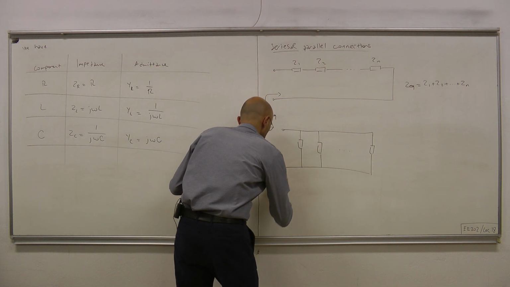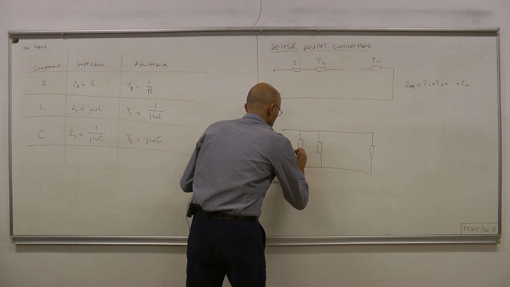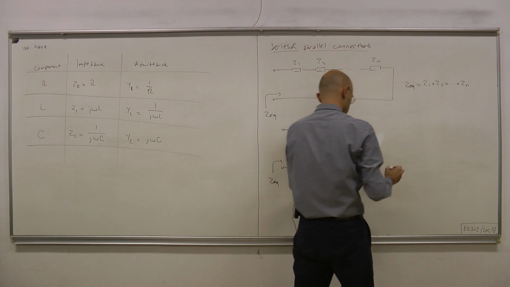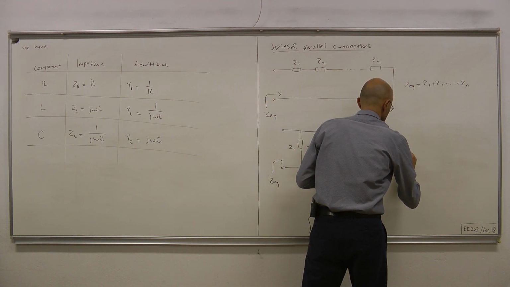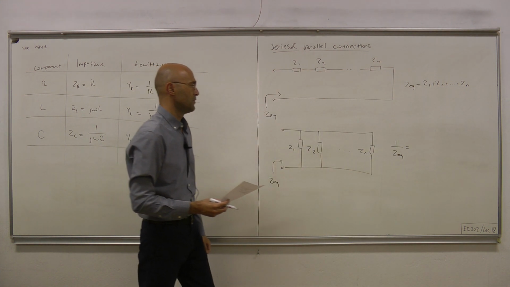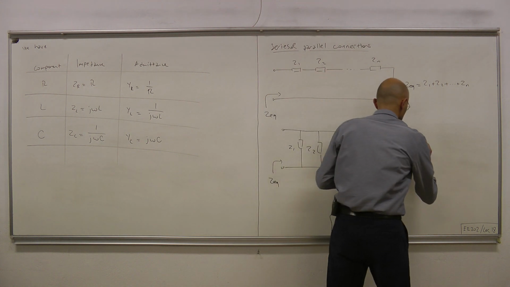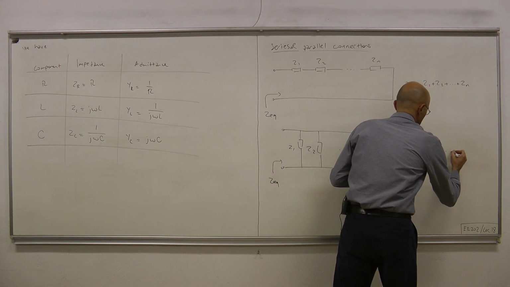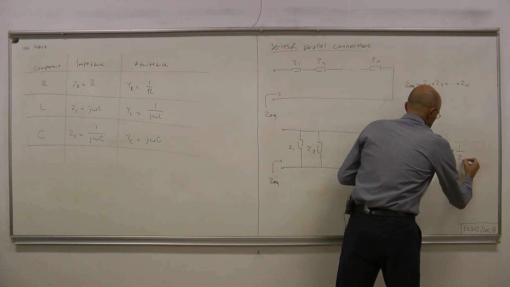In terms of impedances, let's call them Z1, Z2, Zn. We have 1 over Z equivalent, which is the equivalent impedance for this new one-port, equals the sum of 1 over the individual impedances, up to Zn.